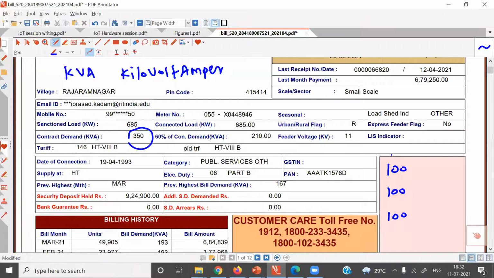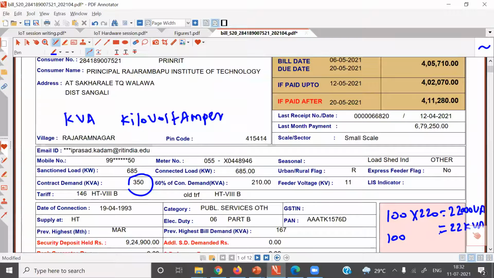On each phase, voltage is 220, so multiplied by 220 volt, how much do we get? 22,000 VA, which becomes 22 kVA. There are 3 phases in total, so it becomes 66 kVA. Our contract demand is 350 kVA.